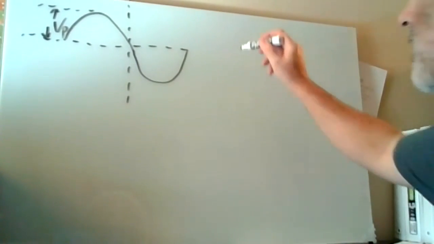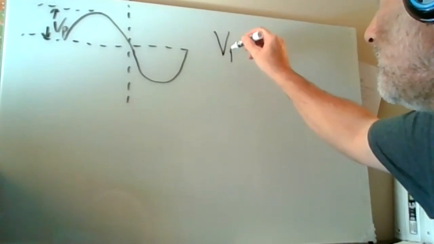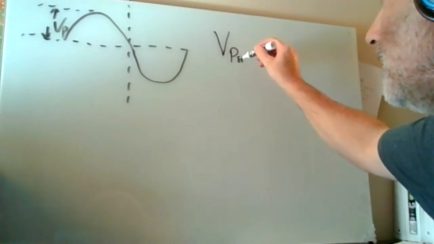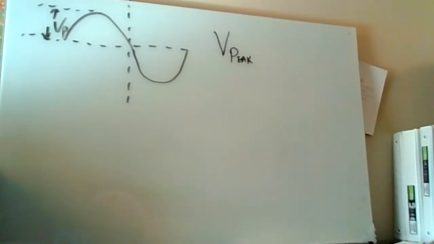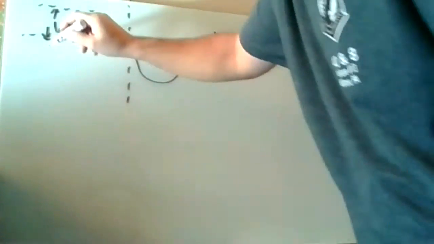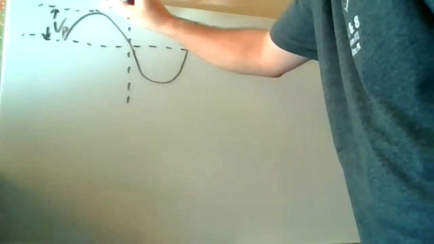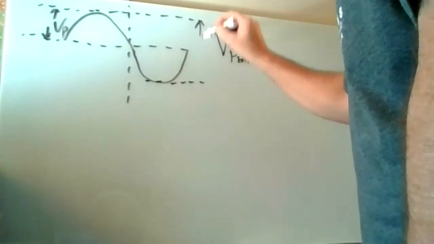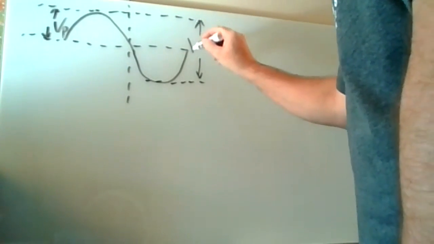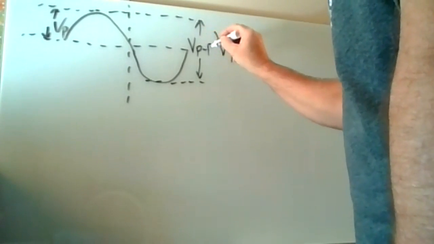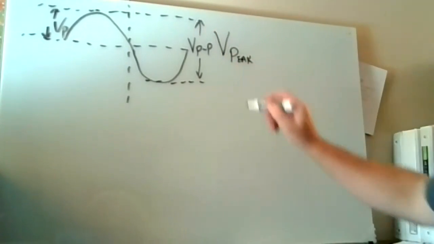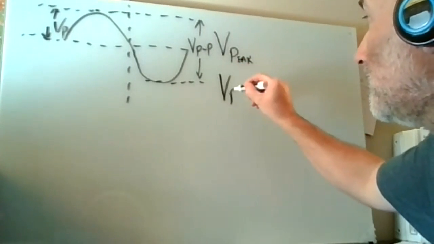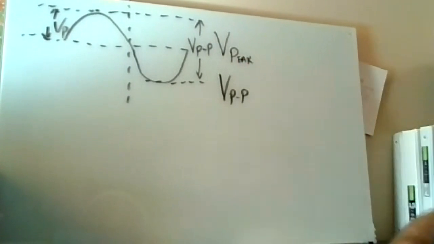I can have volts peak, P-E-A-K, and it's just VP. If I measure from there to there, I get what we call voltage peak to peak. That's another one I can have.